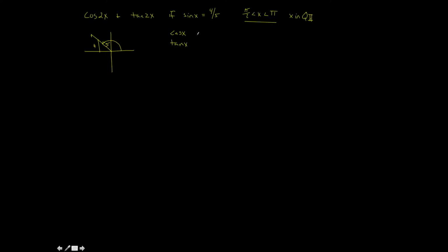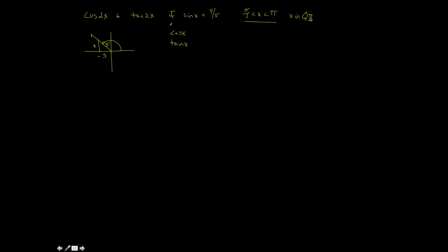Because if I can do that, that can lead me to cosine of 2x and sine and tangent of 2x. All right, so using the Pythagorean theorem, you would get 3 here. Now, since this is in quadrant 2, we know this has to be a negative 3, right? Because it's in the negative direction.